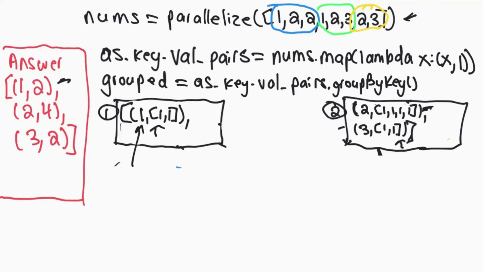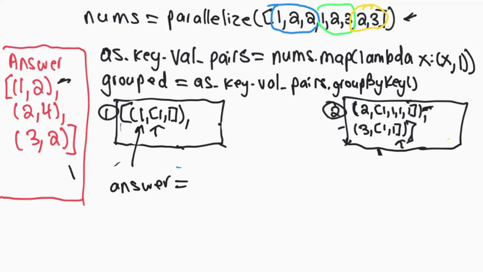So we could then do answer, so it'll be the same as this one. Order possibly not the same. The order doesn't really matter right now. It's just we want a list of all of the distinct elements and their counts.